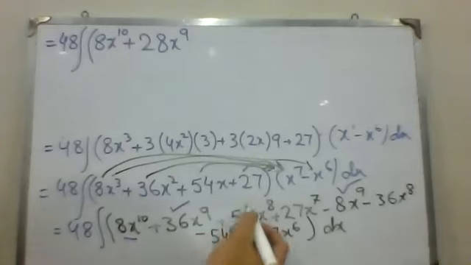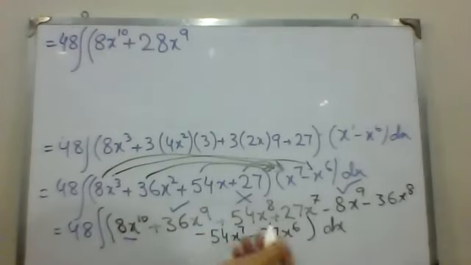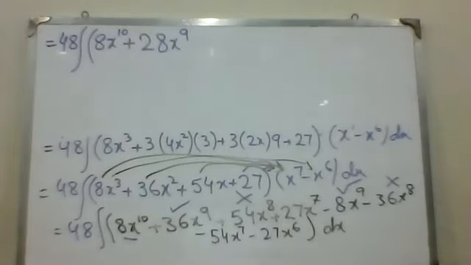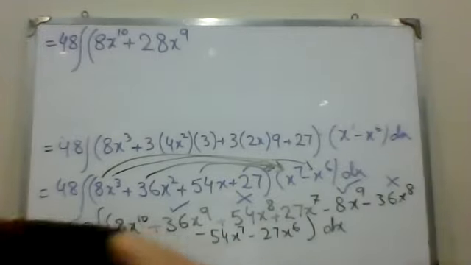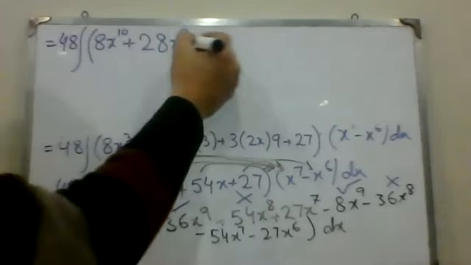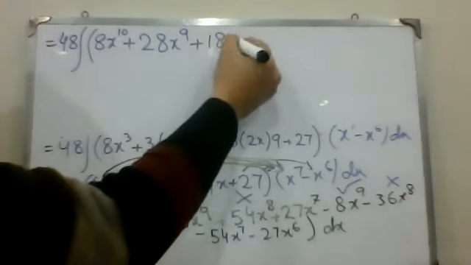So next term 54 and minus 36. What we can get from here? Well done, calculate. 54 minus 36 is what? 18 will come. Plus 18 x to the power 8.